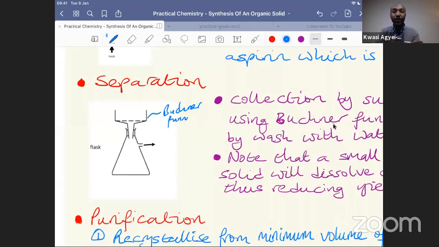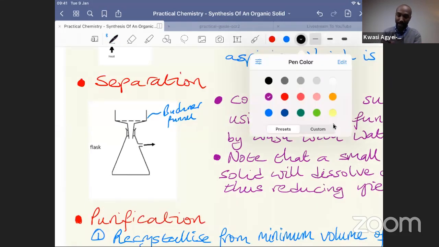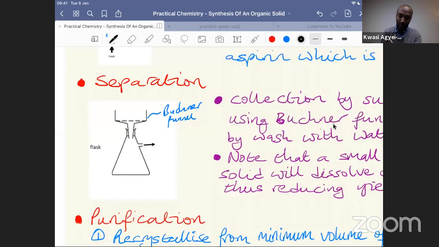And what you're going to do is place a piece of filter paper in your Buchner funnel. So if we perhaps use a different color to indicate a piece of filter paper. Okay, so we've got a piece of filter paper and we're going to mix or swirl the contents of our beaker, so our solid and the solution that it's precipitated out of.